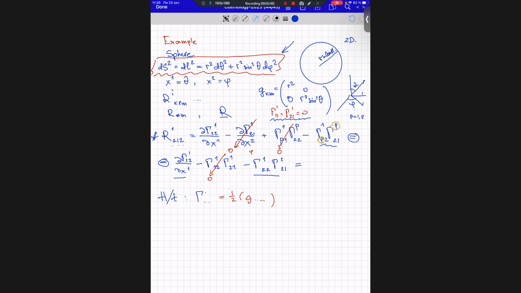What we need to know is the Christoffel symbol gamma 2 to 1. Instead of putting the indexes, the numbers, we can put letters which represent which exactly coordinates we are using.